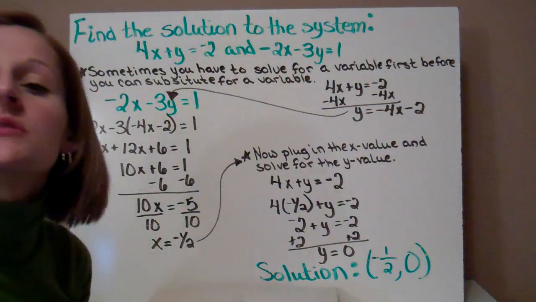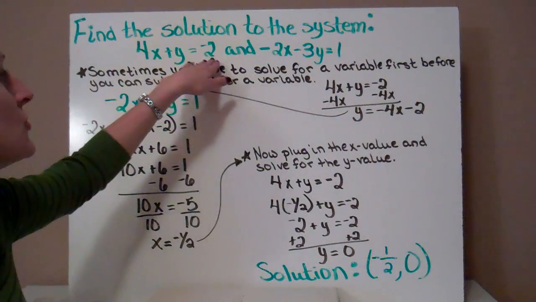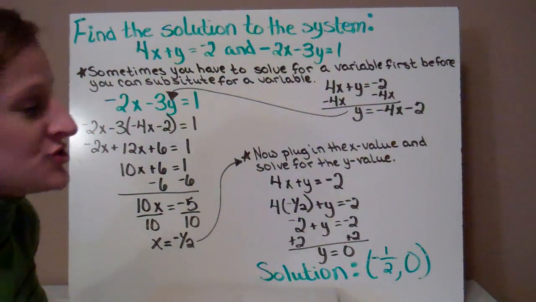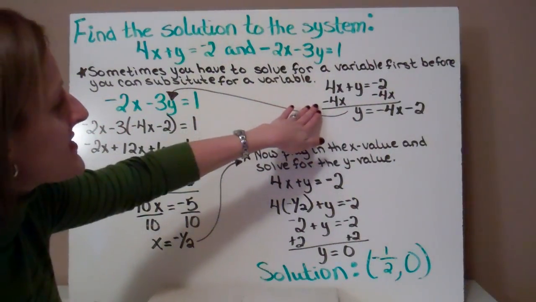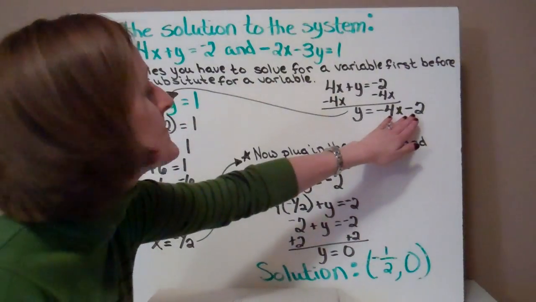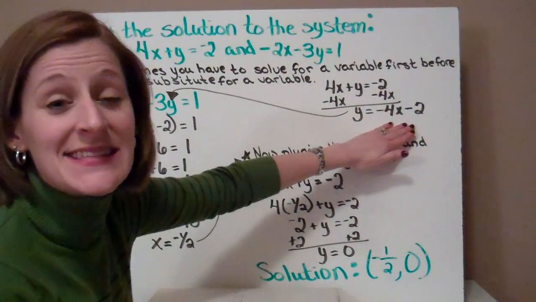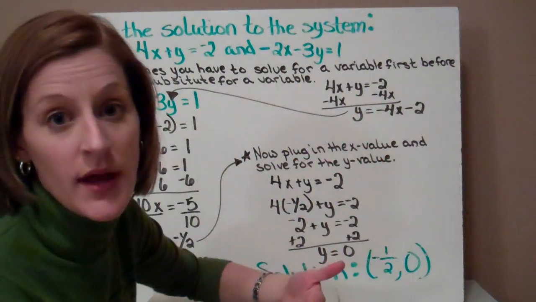So what I'm going to do is take that 4x plus y equals negative 2 and solve for y first. So if you do that over here, I subtracted 4x from both sides to get y to equal negative 4x minus 2. Now I can easily put in negative 4x minus 2 for y because that's what y equals.